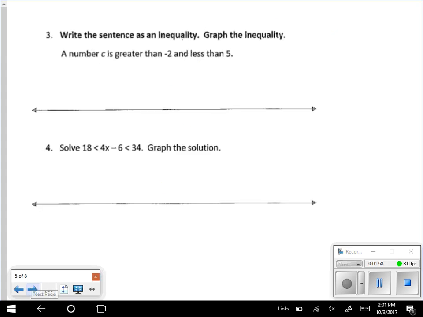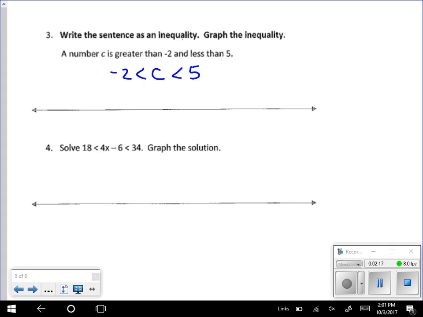Awesome. Moving on. Now it says write the sentence as an inequality and then graph the inequality. So this one says a number c is greater than negative 2 and less than 5. So c is greater than negative 2 but less than 5.